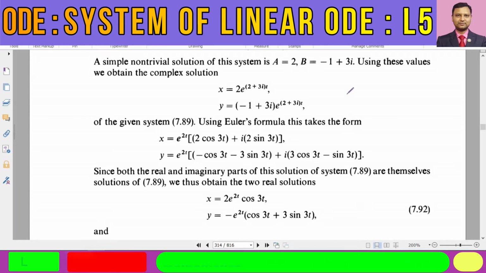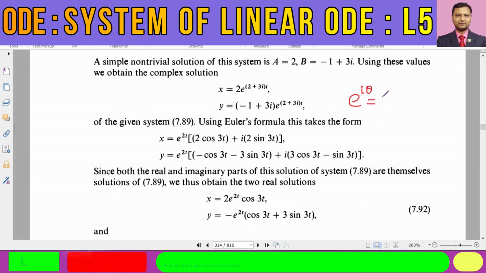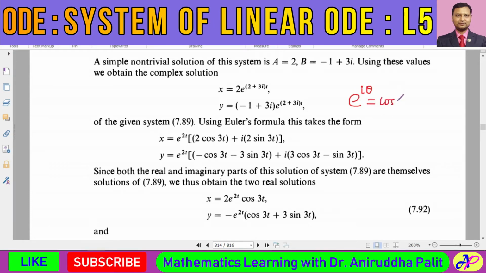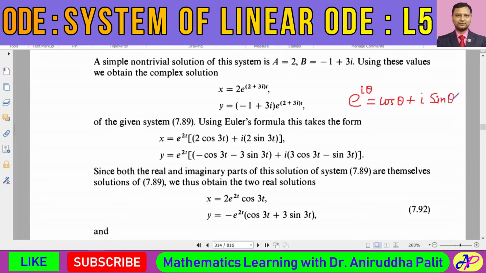You see, we have a formula, e to the power of i theta, which is called Euler's formula. e to the power of i theta is equal to cos theta plus i sine theta. This is a well-known formula in complex numbers.